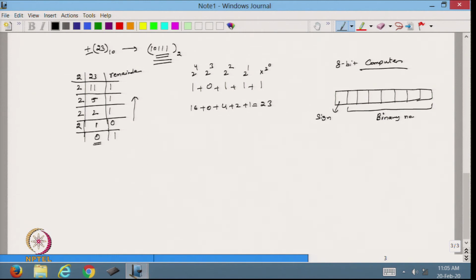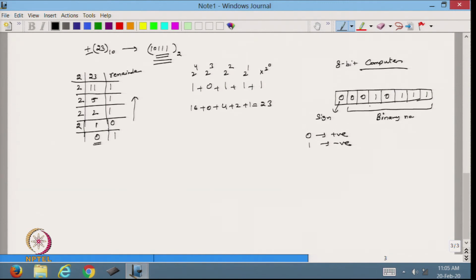So in this case if I want to put 23 here, this will be 0 0 1 0 1 1 1 with the sign bit 0. This 0 is for positive and 1 is for negative. So that is the way this 23 will be saved in the computer.